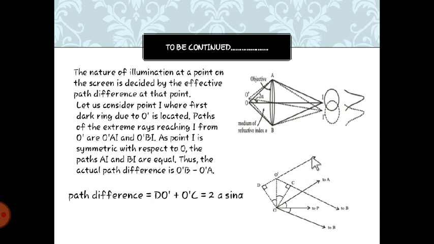When O dash goes to A, O will also go to A. When O dash goes to B, O will also go to B. So these are the rays moving towards A and B.